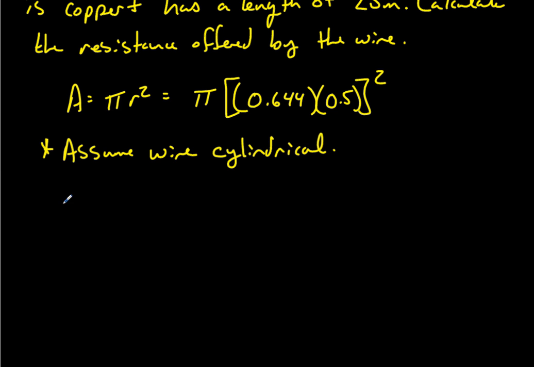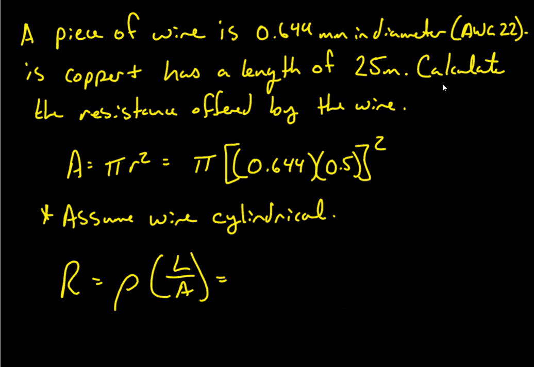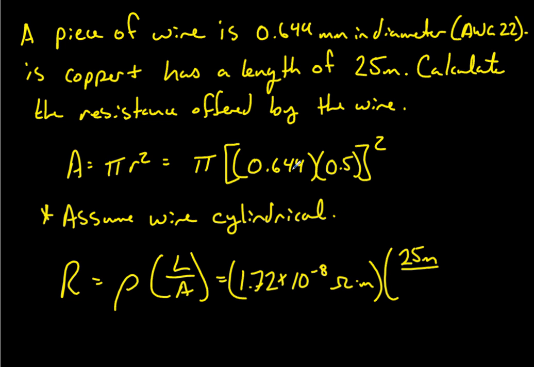So what we can do with this is we can just say, okay, we know the resistance is going to be equal to rho L over A. I should probably write it all out right here. So if we go back up, copper is 1.72 times 10 to the negative 8 ohm meters, times its length, which is 25 meters. And then we just have to be a little bit careful because this was in millimeters. We should actually write it in terms of meters.